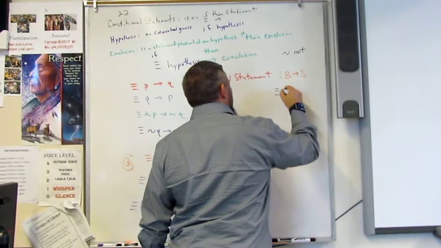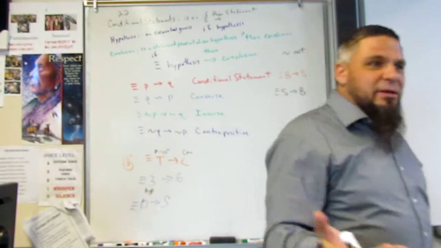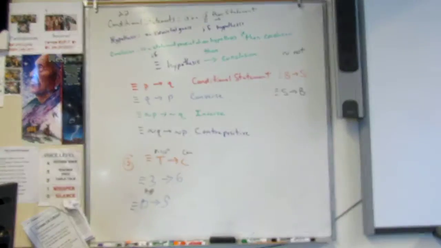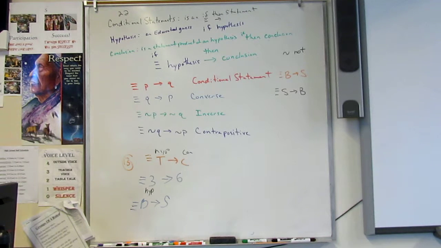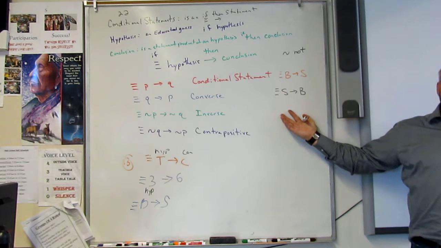That's it. Is this starting to make sense? The hardest part to this is knowing what converse means, what contrapositive means, and what inverse means. That's going to be the hardest part. But as far as just switching it around, that's all you're doing.